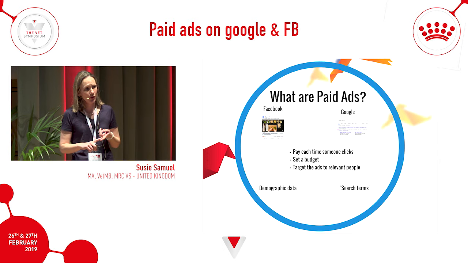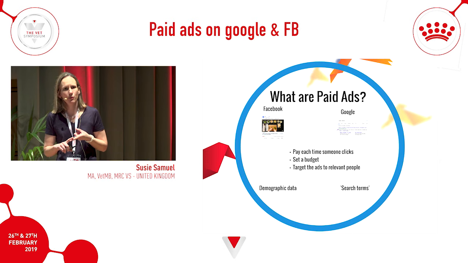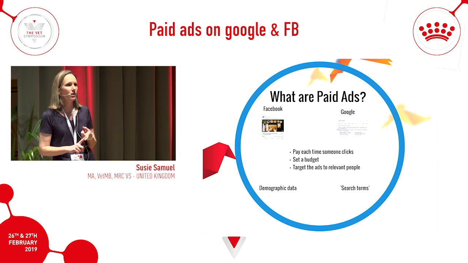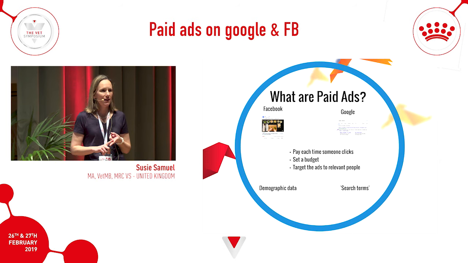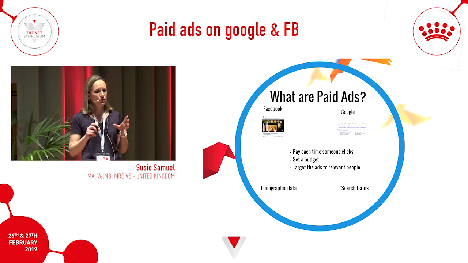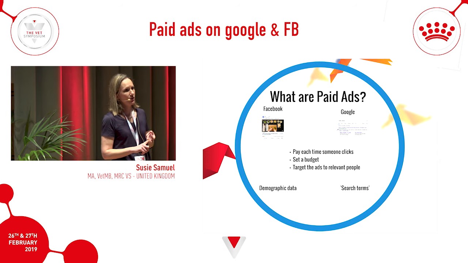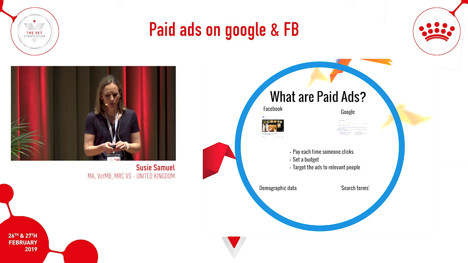When it comes to Google, though, you're targeting people that at that very moment in time have identified themselves as people that you would like to connect with by typing something into Google. So at that very moment in time, they are looking for a vet. And if you can show them your ad at that very moment in time when they're looking for a vet, then obviously that's a very powerful opportunity.